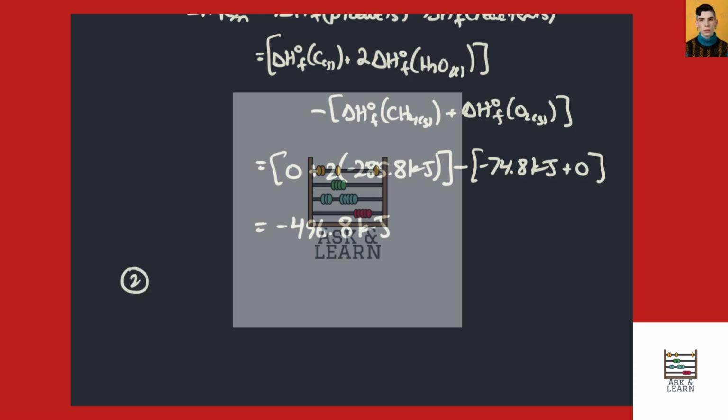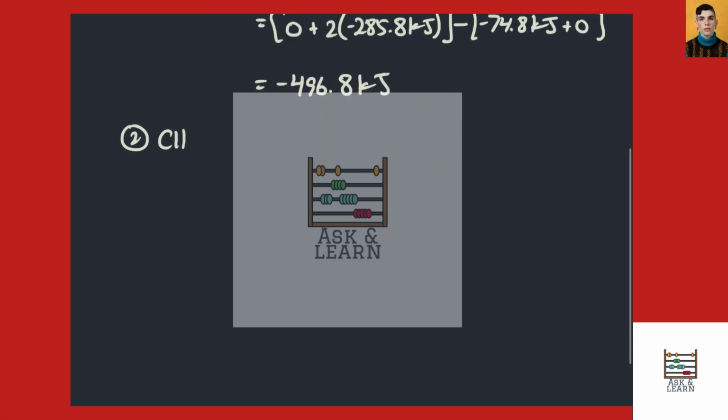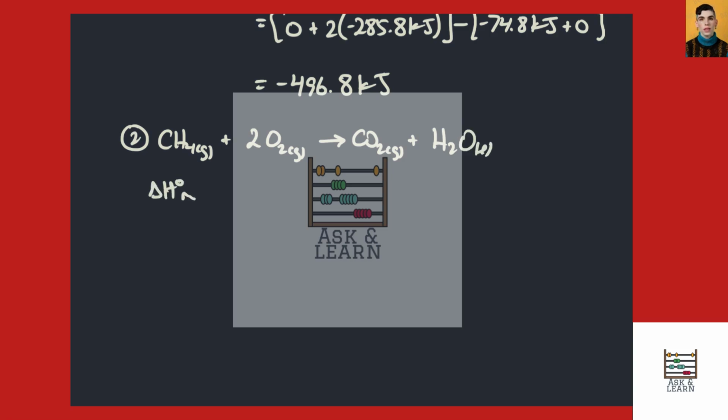For our second reaction, CH4 gas, 2O2 to produce CO2 gas and H2O liquid. Delta H naught reaction is equal to delta H naught formation of the products minus delta H naught formation of the reactants.